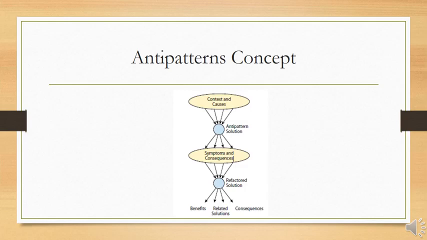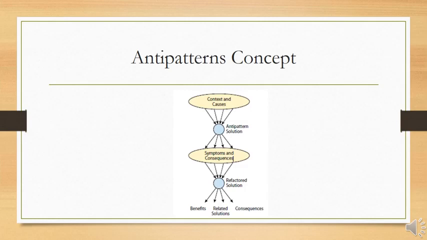The anti-pattern solution may be the result of multiple choices over an extended system lifecycle, or it may have evolved inadvertently. Every solution or design choice yields benefits and consequences.